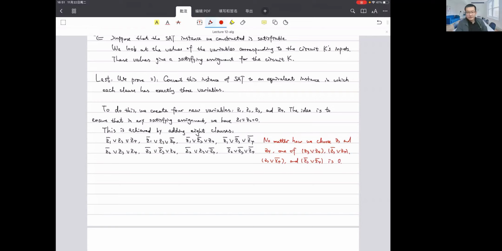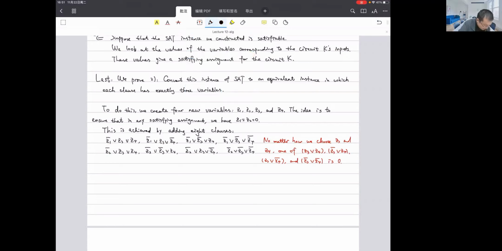And this is just going to enforce that if all of them are 1 here, then Z1 not and Z2 not must be 1. And that just means that Z1 and Z2 must correspondingly be 0 here.